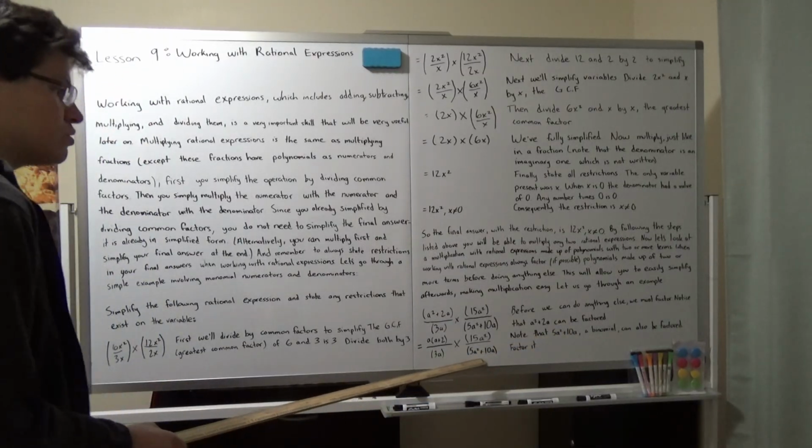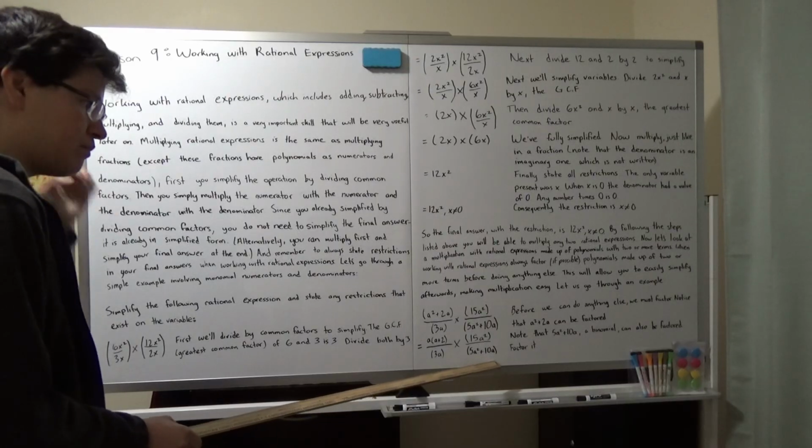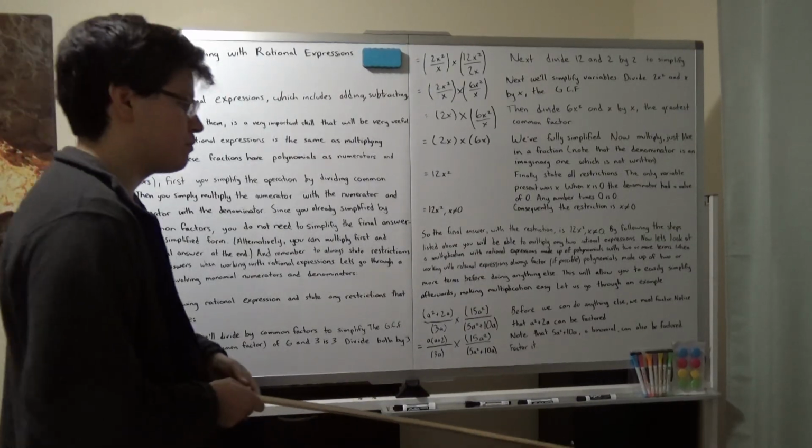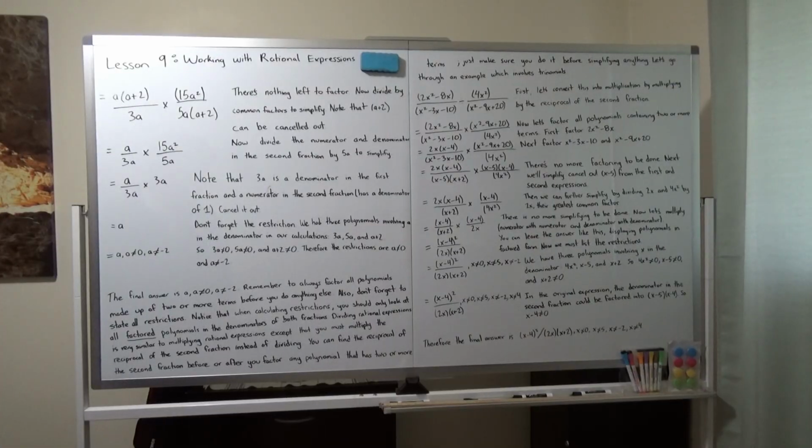So in the next step we factor 5a squared plus 10a, which is equal to 5a times a plus 2. So we have a times a plus 2 over 3a times 15a squared over 5a times a plus 2.